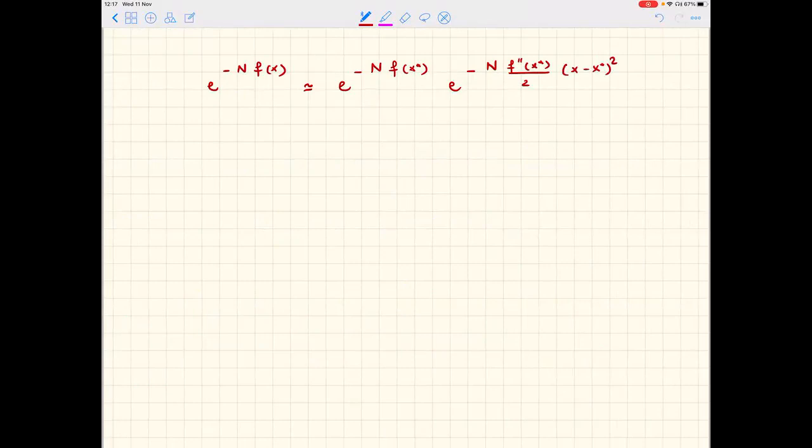Now you see what happens. If x is not equal to x star, then here I have the exponential of minus n times something positive. And therefore, in the limit in which n is large, if I compare e to the minus n f of x to its maximum value, this is exponentially decaying to 0.